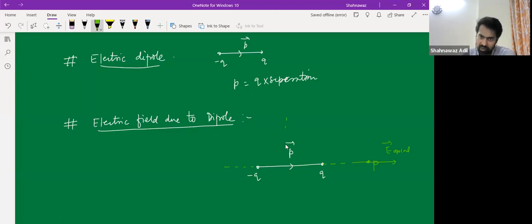And then we calculated the electric field at the bisector of the dipole. So what was this point, Rabia? Equatorial point, right? So E equatorial. And what was the direction of the equatorial electric field?